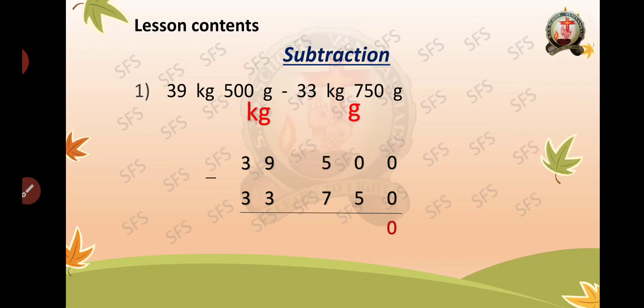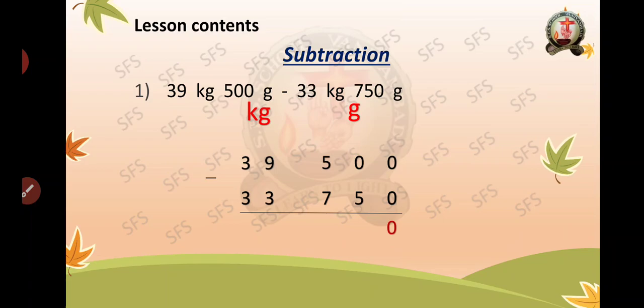Whereas here, in this case, 0 is smaller than 5. We cannot subtract a bigger number from a smaller number. Is it possible? For example, this 0 is smaller than 5.